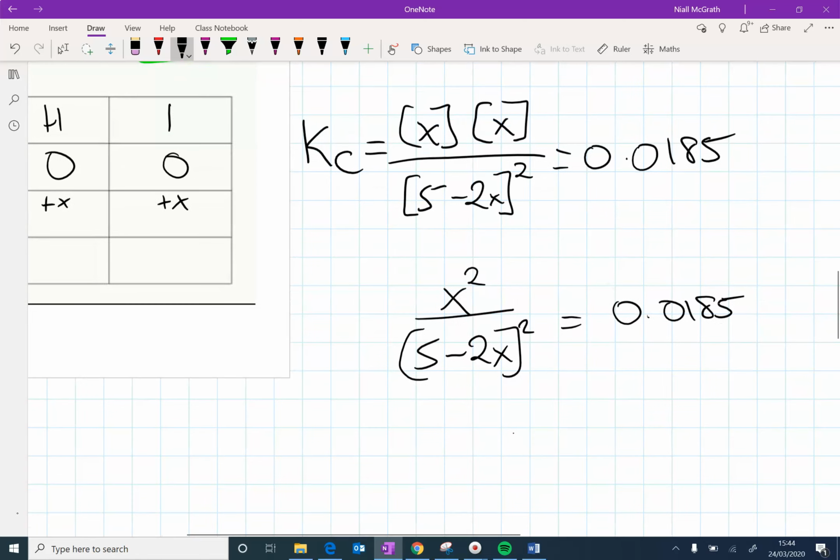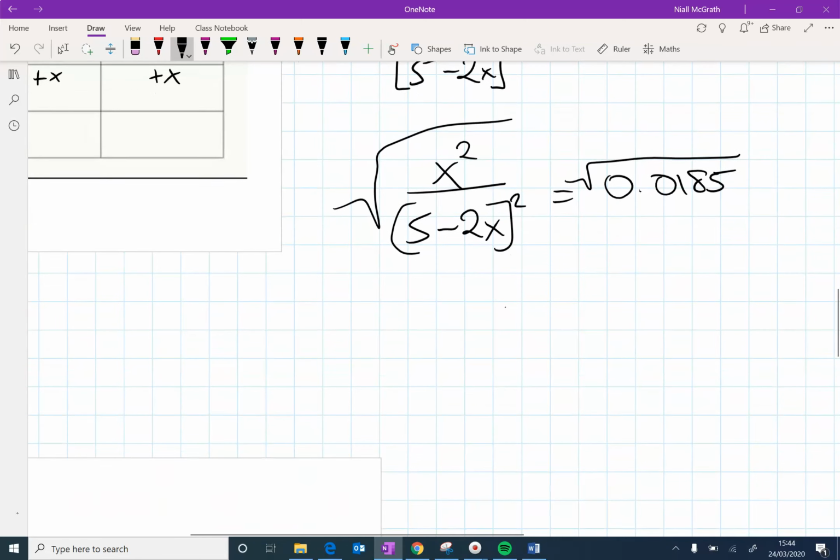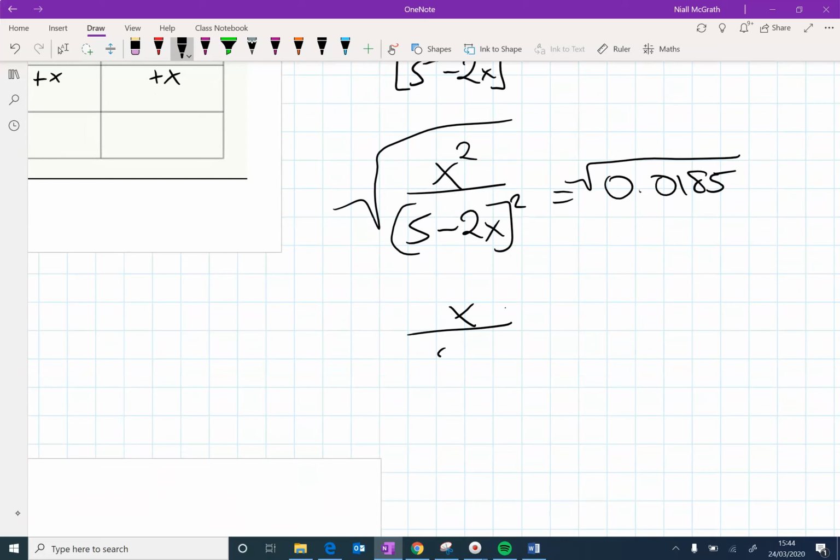Right, we want to try and get rid of those squares if we can. If we find the square root of the left hand side and find the square root of the right hand side, we will do that. So that will then result in x over 5 minus 2x is equal to 0.136.